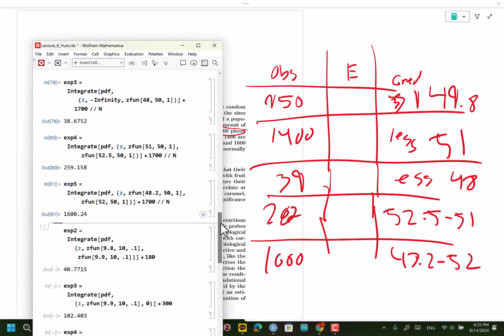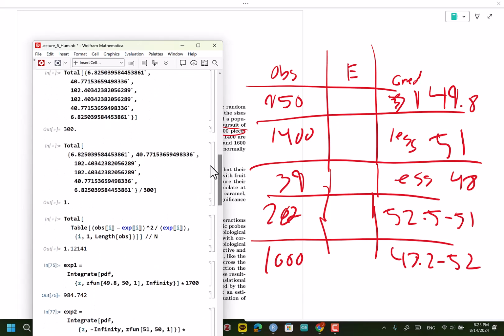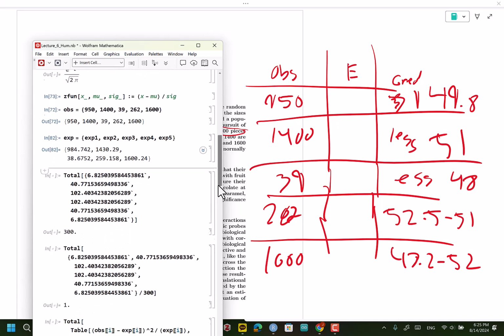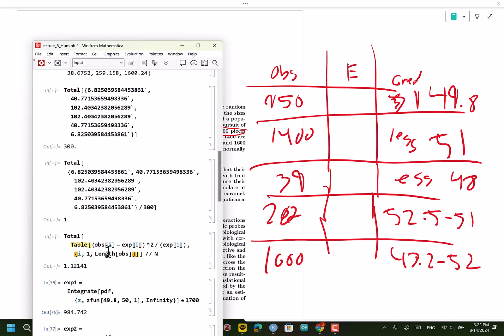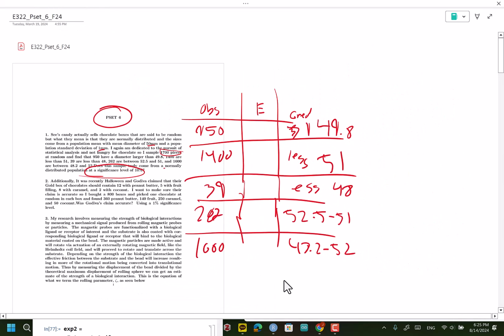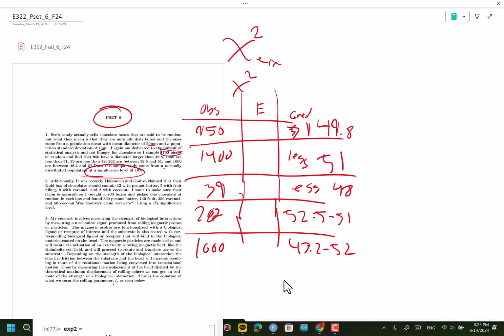Great. So we have our observed, we have our expected, and now we're going to do observed minus expected. So now we're going to do our hypothesis testing. Again, we're asking the question: is it normally distributed at this significance level? So we calculated our chi-squared value, so we have that experimental value. For our chi-squared theoretical, remember it's never going to be alpha divided by 2.